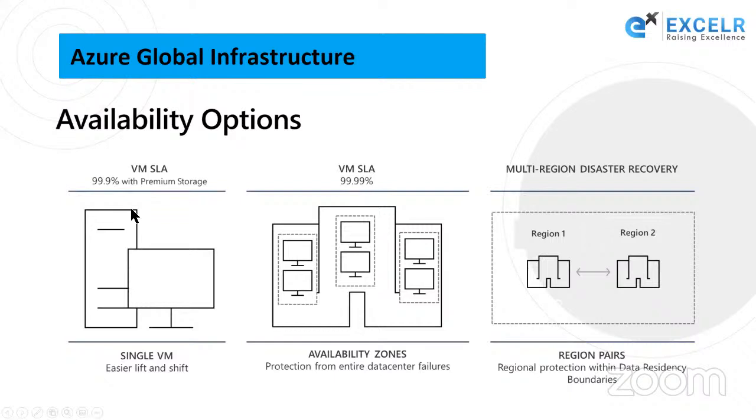And if you look at a single VM, which is an ideal case for setting up, because it will be very easy to do a lift and shift migration of your database or your data, then this has a very low SLA as compared to your other availability options.